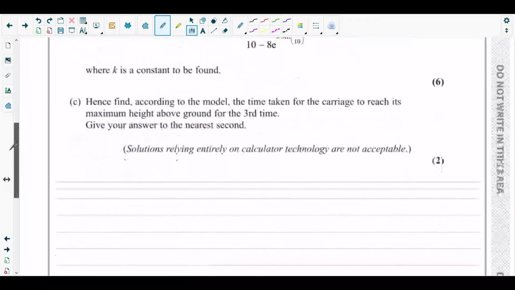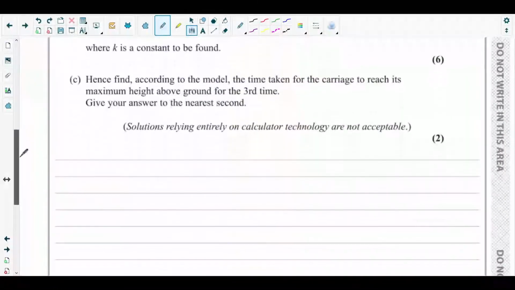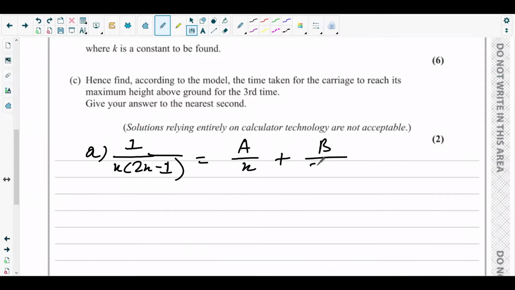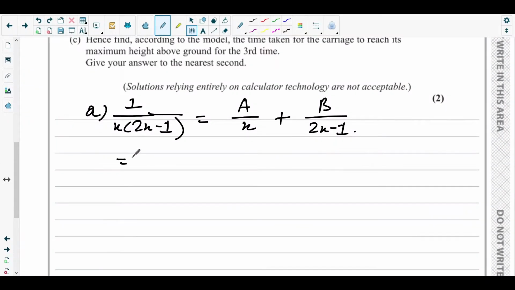So converting a given fraction into partial fractions. 1 over x(2x minus 1) equals A over x plus B over (2x minus 1). Now multiply both sides by x(2x minus 1). You will get A times (2x minus 1) plus Bx.